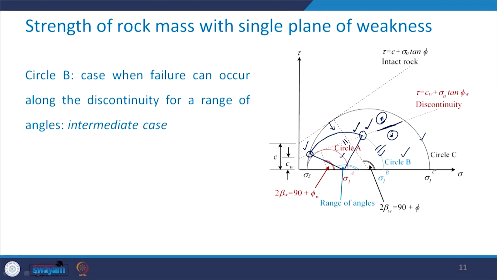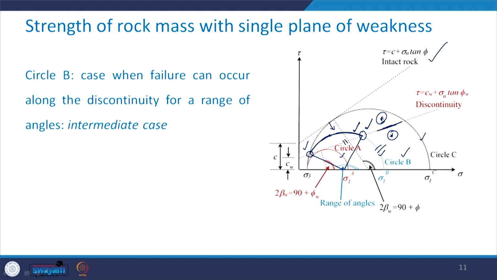What does that signify? That the failure is not going to take place in the intact rock, because the state of stress is still much below the failure envelope of the intact rock, but the failure will occur along the discontinuity in this zone if the state of stress is here. So this is going to give me the range of angles along which the failure can take place through the discontinuity.